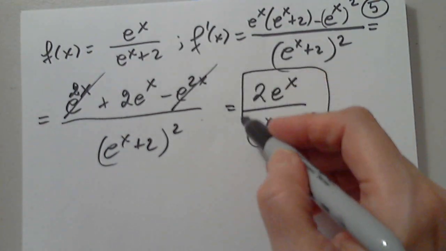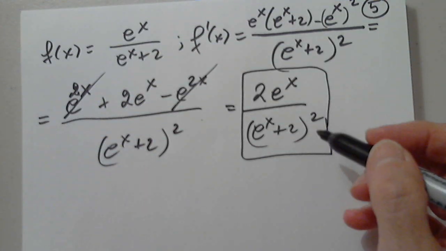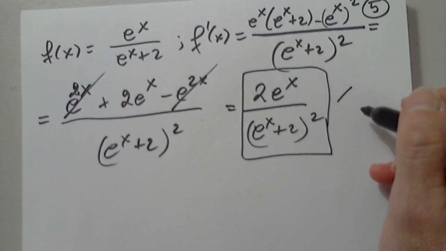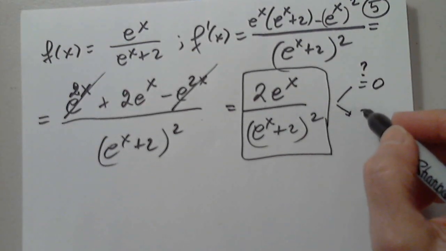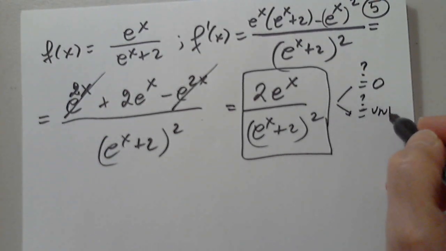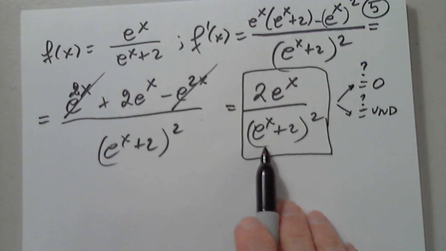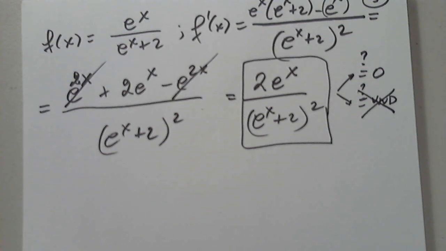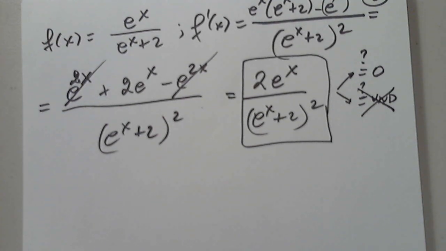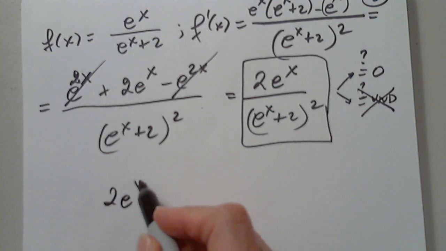At this point, because this is the first derivative, we're asking ourselves, does this equal 0 or undefined? No, this is always defined. When is a fraction 0? When the numerator is 0. Good. 2e to the x is 0.